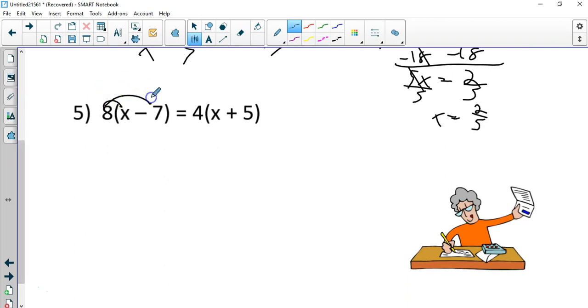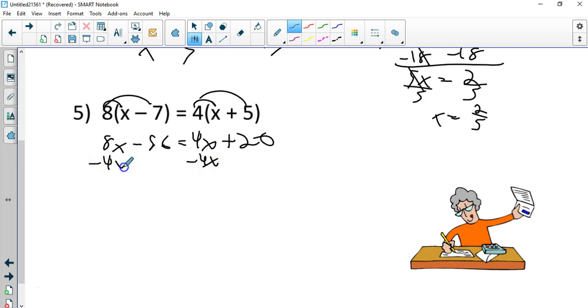Distributive property, both sides. 8x, 8 times negative 7 is negative 56. Equals 4x, 4 times 5 is 20. Again, either way, I'm going to keep myself positive, so I'm going to subtract 4x.